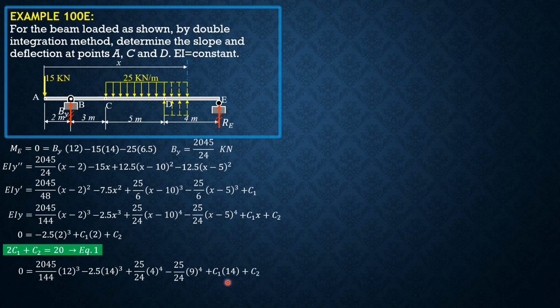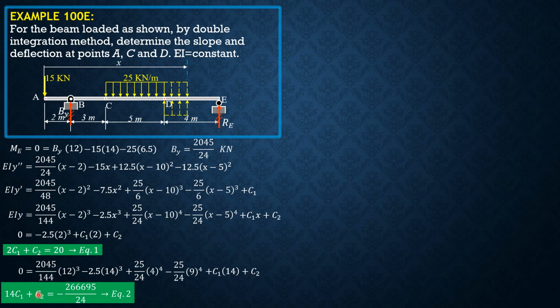So setting up the second equation, 14 C sub 1 plus C sub 2 equals negative 266,695 over 24, equation 2.